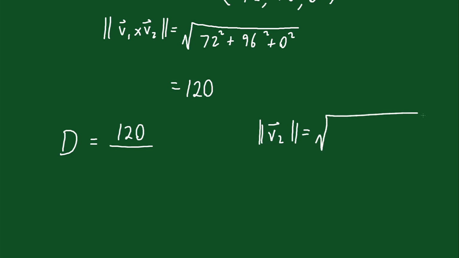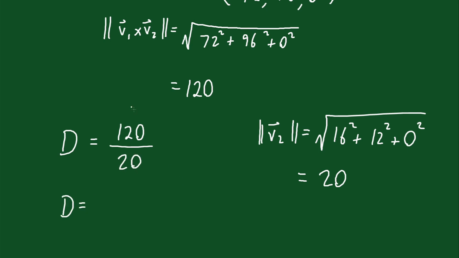So we write this out, 16, 12, 0. Okay, we plug it all in. We do this calculation, and if you do this, you should get 20. Okay, so over here, we have a value of 20. Perfect. So now for the distance, all you have to do is divide here, and you should get a value of 6. So this is perfect. We have a distance of 6.